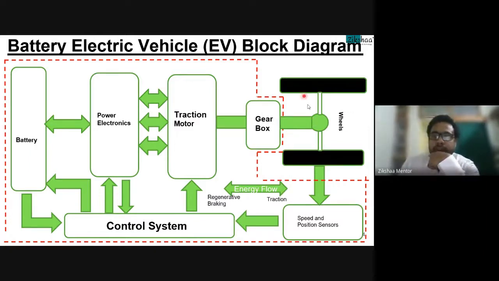If you look at the diagram, I have bordered a red line throughout. This is to show you that this part of the diagram is mostly electrical, and this is the mechanical, with electromechanical coupling happening here, and the wheels.